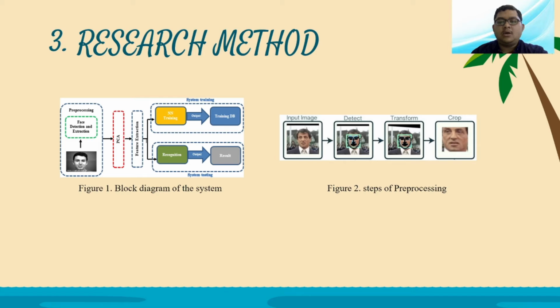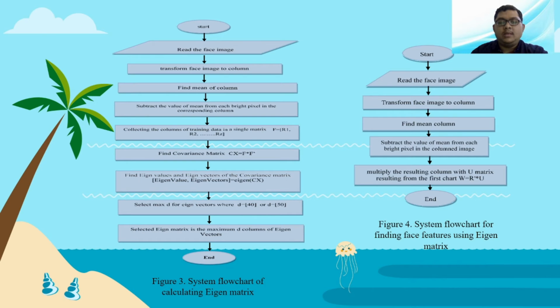The face is cropped from the entire image using the Viola-Jones algorithm. The cropped face image is resized to 50 times 60, as shown in Figure 2. B. Finding the eigendata matrix to be used in subsequent steps to extract features. Figure 3 represents the flowchart for finding the eigenmatrix.